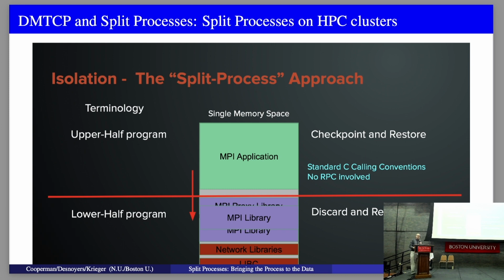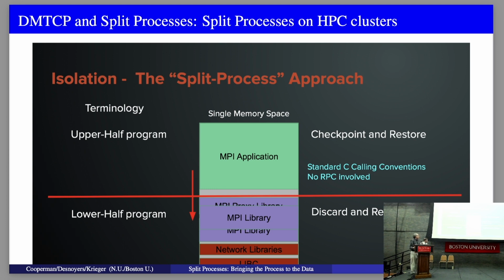Now, we'll save only the upper half of memory, the memory associated with the application. And we're going to throw away the lower half. We'll throw away the system libraries. We don't need them. And that's good, because they're very closely tied to the hardware, and we don't know how to save hardware. Saving or restoring hardware can be a very difficult operation.